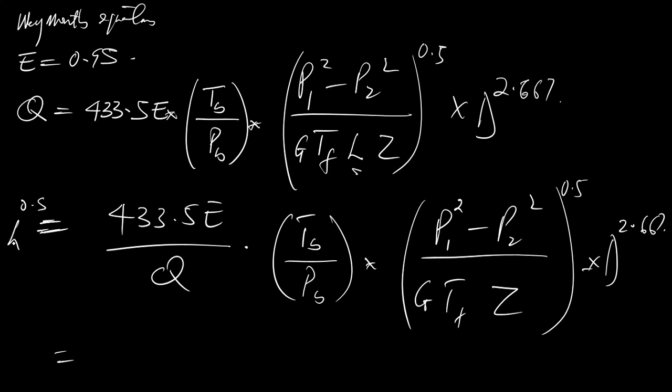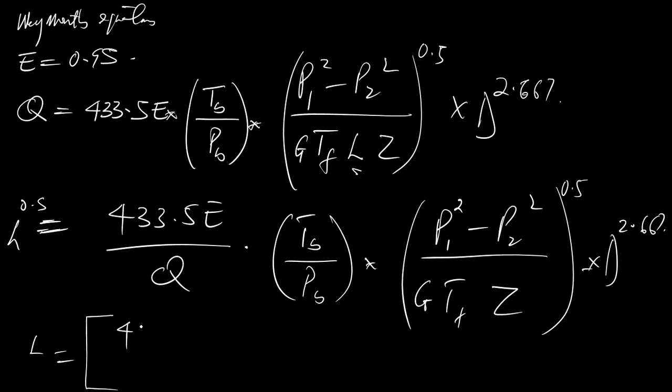To get the L now, it will be squaring both sides. If you square both sides, that is L. Squaring both sides, I now have my L of this equation.